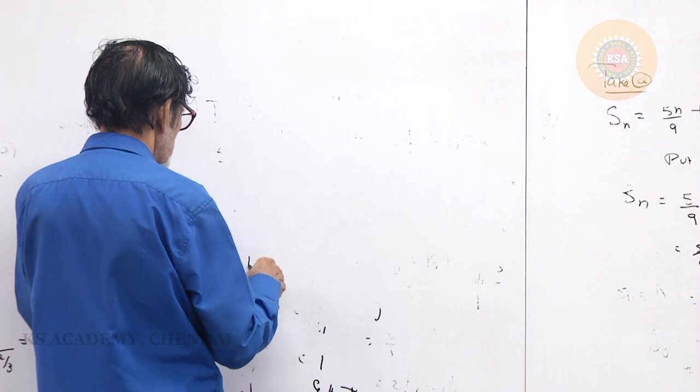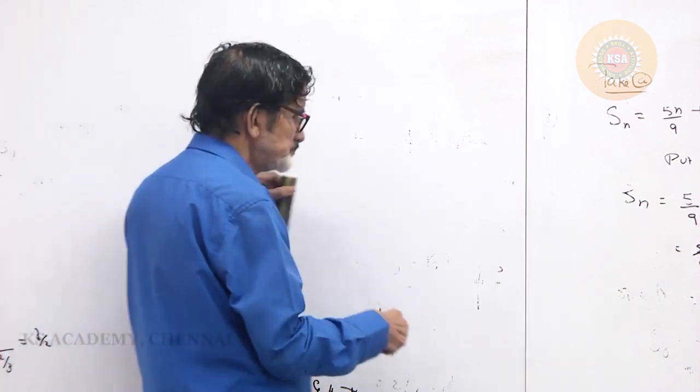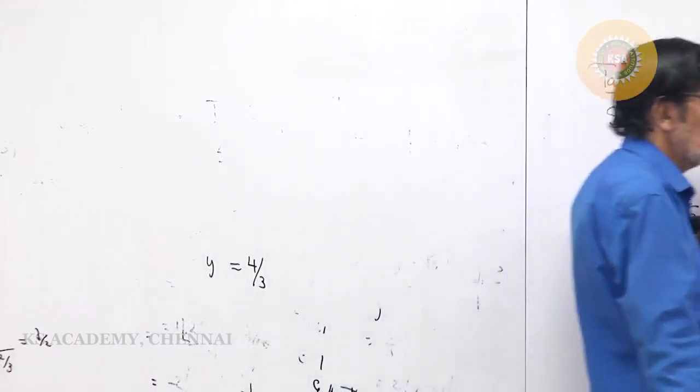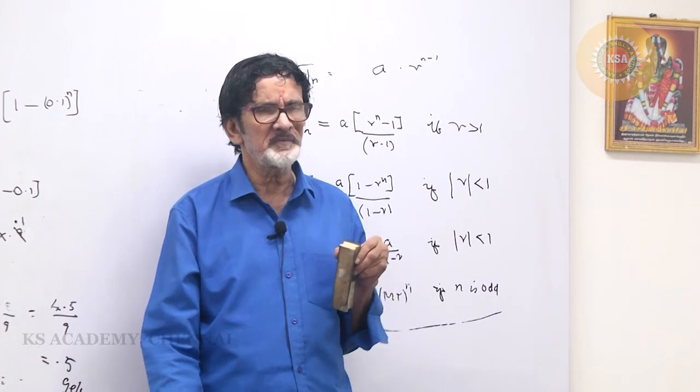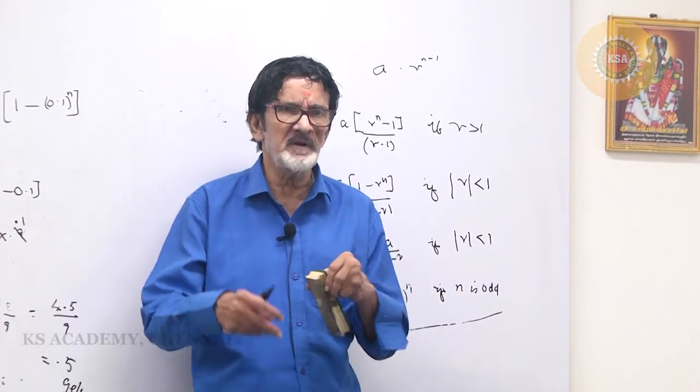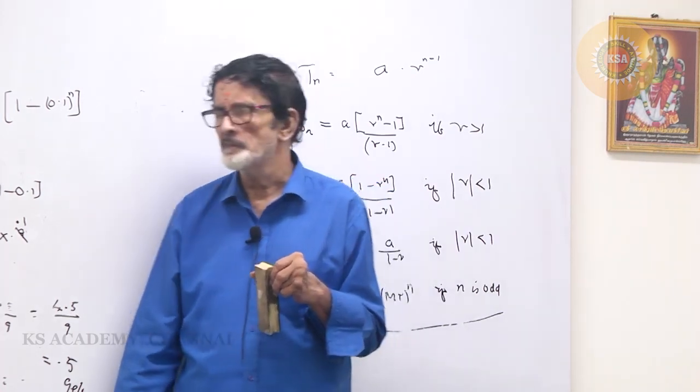You will be getting 4 by 3. One minus quarter means 3 by 4, 1 by 3 by 4, 3 by 4 inversion, 4 by 3, y value 4 by 3.